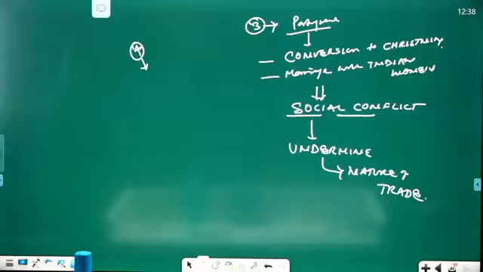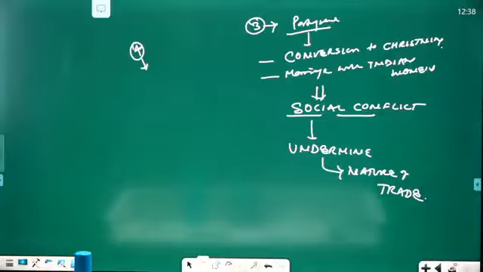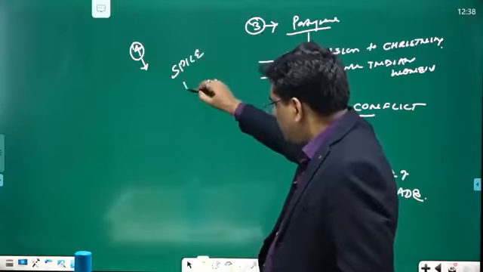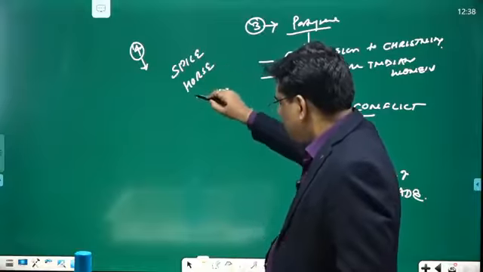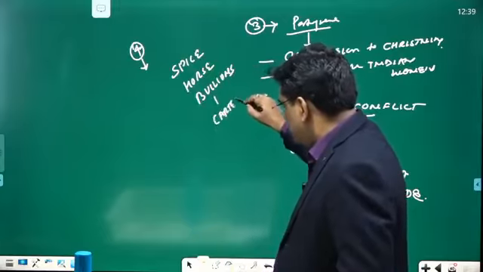They started with spices, then horse trade, and finally they started trade in bullions, and cartage remained the main source of income.